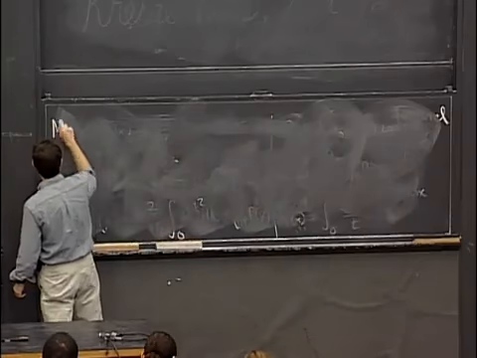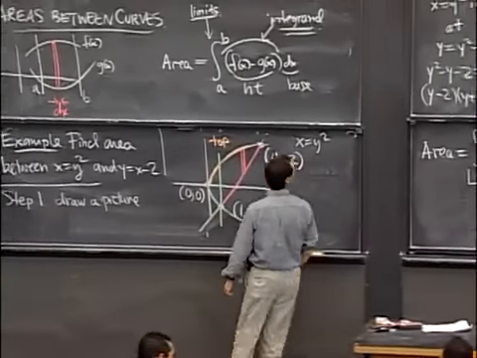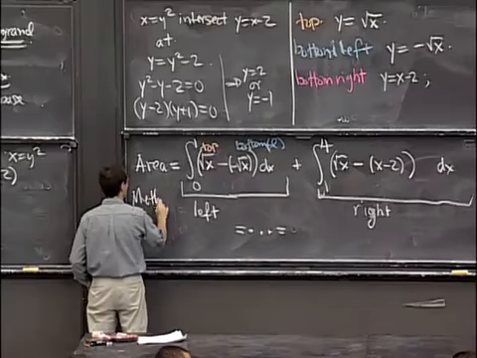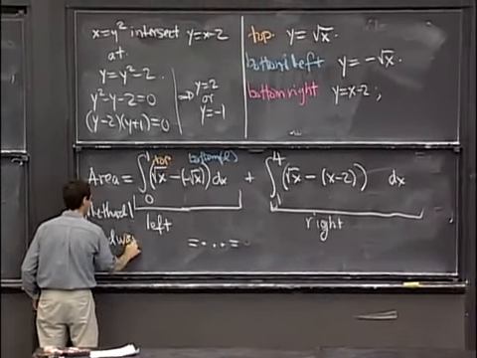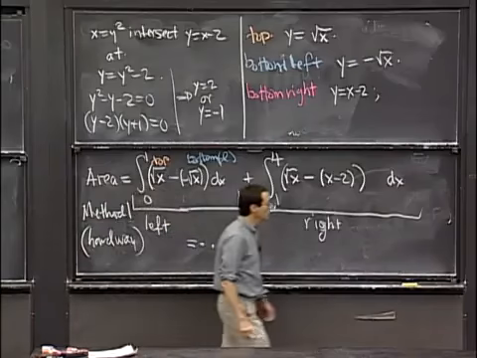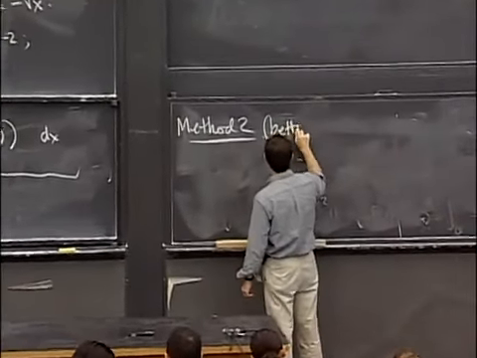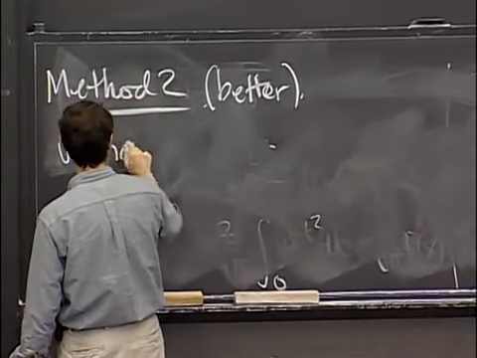So method 2, if you like, this was method 1, and we should call it the hard way. Method 2, which is better in this case, is to use horizontal slices.